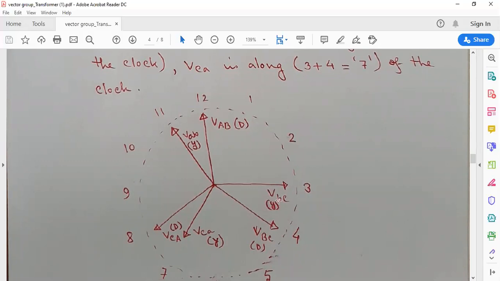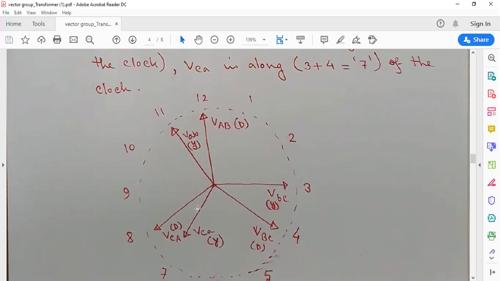See, I have written it in small letters because it is the low voltage side line to line voltage. Now VCA will be 4 points lagging from 3: 30 degrees, 60 degrees, 90 degrees, 120 degrees. So VCA will be along 7.